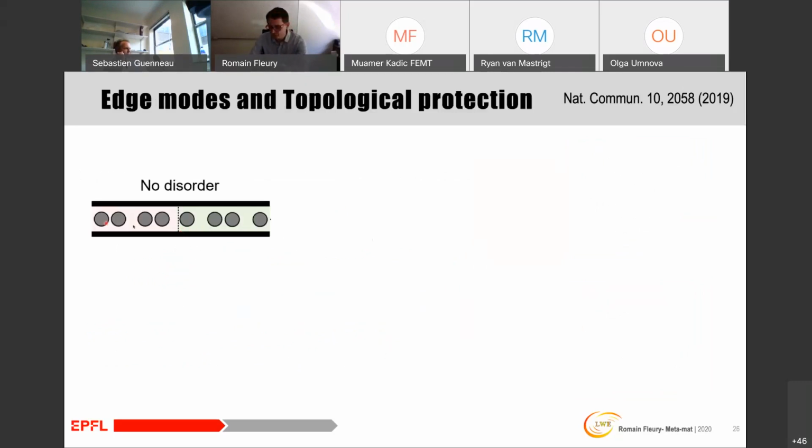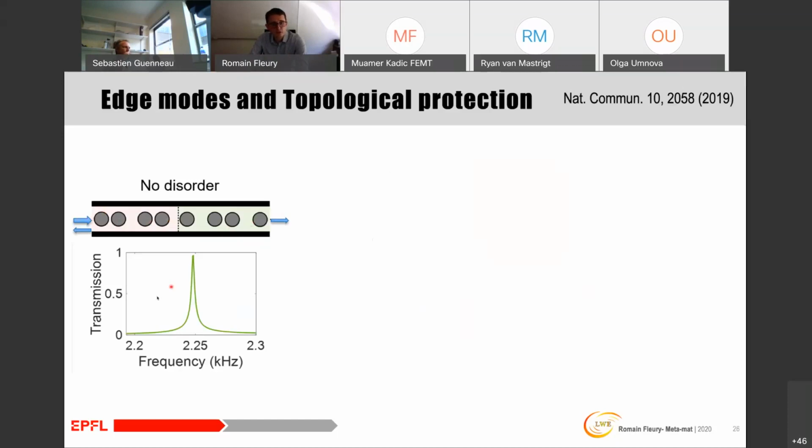So I take a finite system and I excite it from the left. This is a waveguide. There's a finite number of scatterers and they have a different topology. And here I focus only in the frequency range of the band gap, and I see a Lorentzian peak, which is basically the resonant tunneling through the edge mode at the interface. Okay? And this is a case of no disorder.